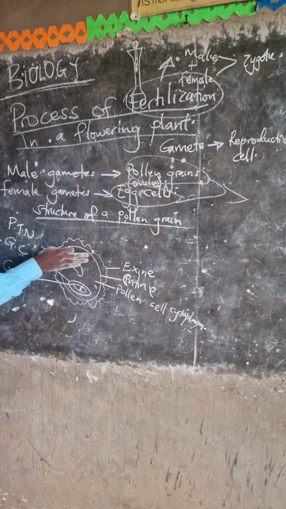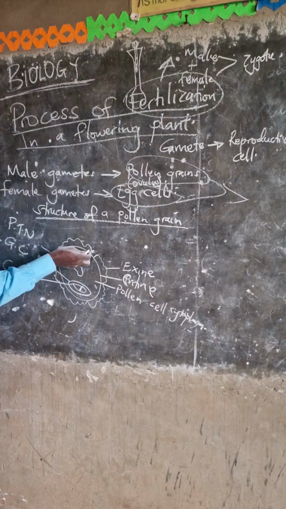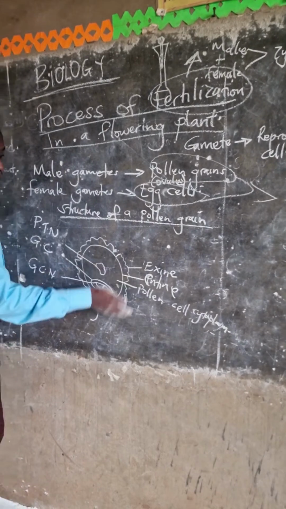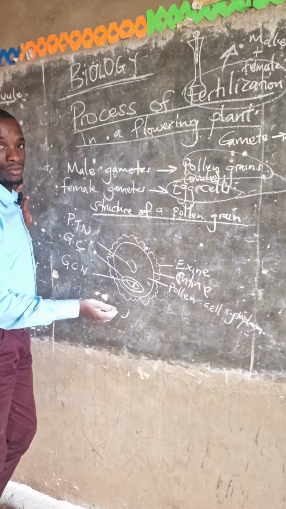A pollen grain is made up of an outer layer we call the exine, which is sculptured, rough, and tough. It is fully permeable. It allows anything to pass through it.